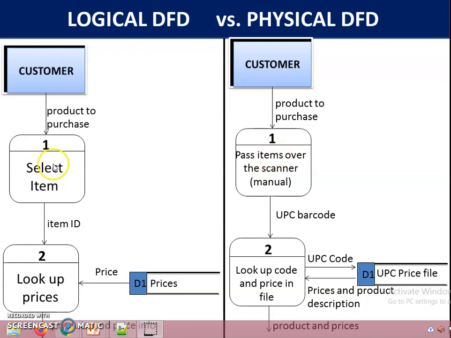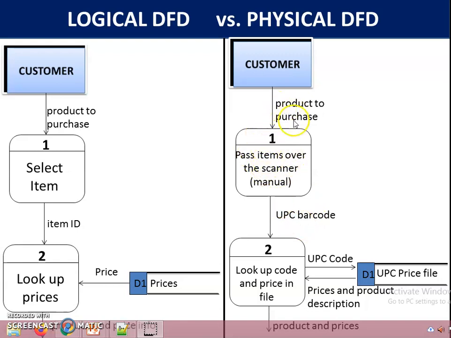So here, instead of selecting item, you can see process 1 is pass items over the scanner. So there is the involvement of the hardware. From that, the same information flow that we have in the logical DFD will now be how the information flow is transformed in this particular process.